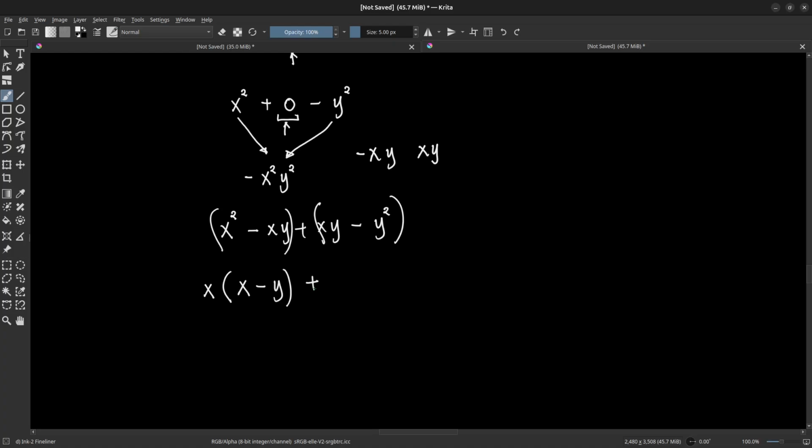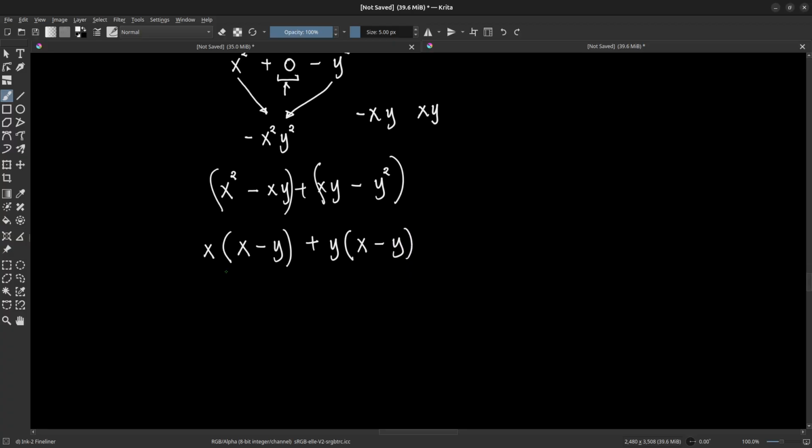And then plus, the common factor in the second pair is y. So we factor the y out: xy divided by y gives us x, and negative y squared divided by y gives us negative y. So notice that we have x minus y here, and we also have it here. So let's factor it out.